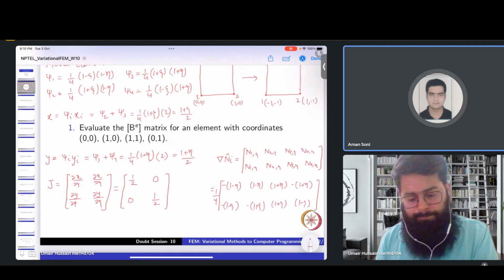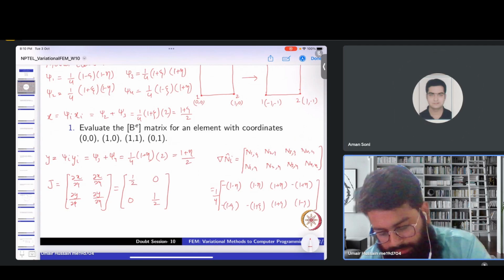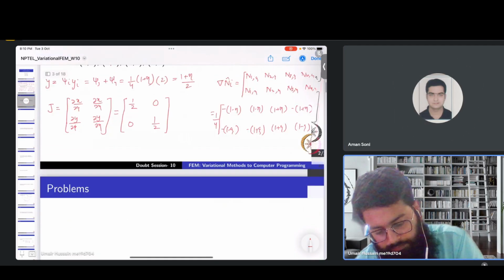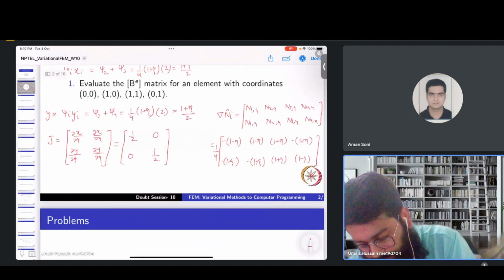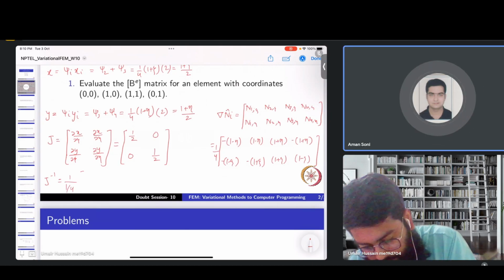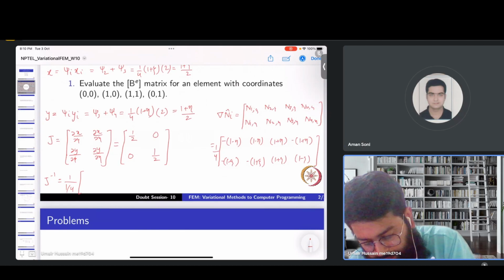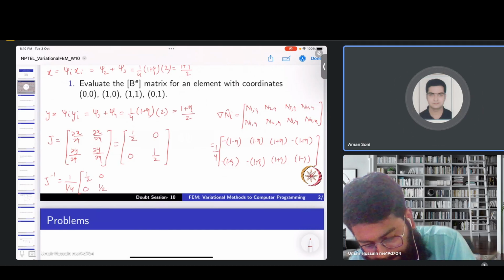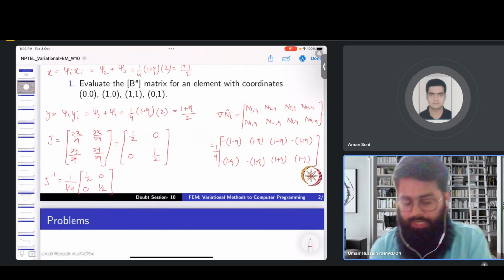And next we need the inverse of this Jacobian. So the inverse is 1 by the determinant times the transpose, right? So the transpose would be the same thing. And then we'll take the transpose of this again.